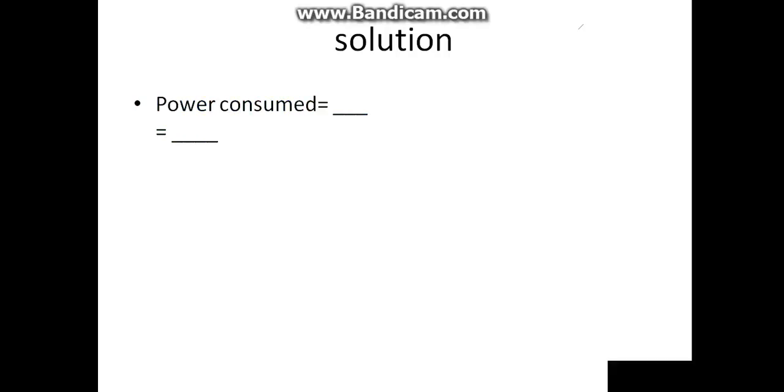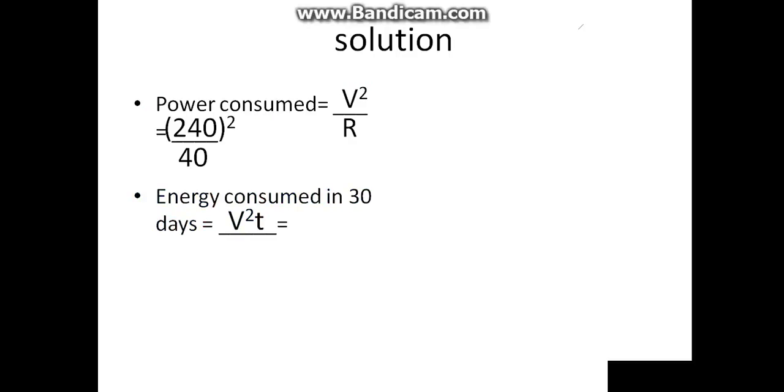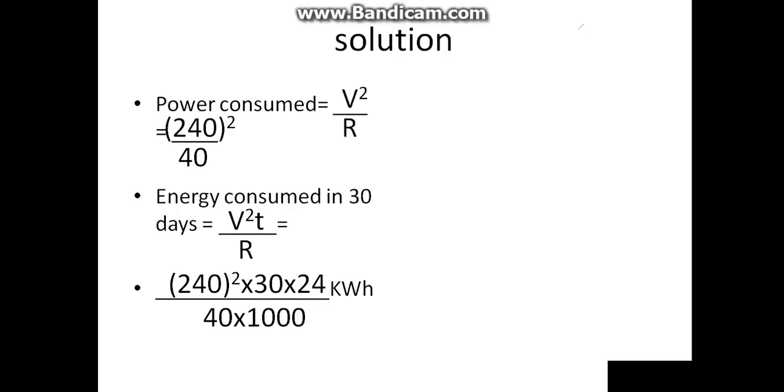Solution. Power consumed is equal to V squared over R, which, by substituting the values, we have 240 squared over 40. Energy consumed in 30 days is equal to V squared T over R, which is equal to 240 squared times 30 times 24 all over 40 times 1000.